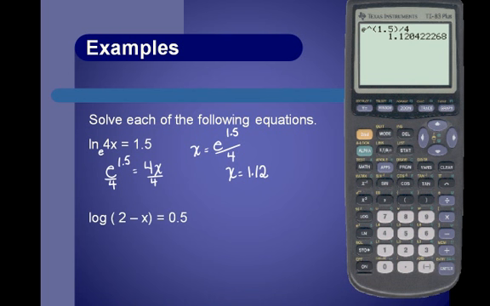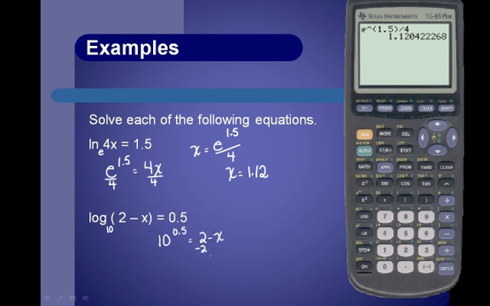Second equation, the log of 2 minus x is equal to 0.5. Well, we've got a log equation. So the way we do that is we write an exponential equation that's equivalent to that, which means this is our common log, which means the base is 10. So that means 10 to the 0.5 power is equal to 2 minus x.